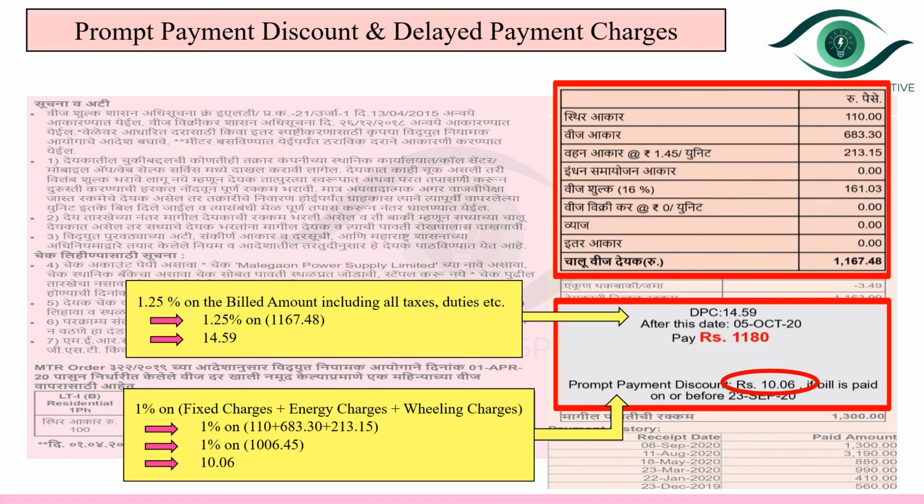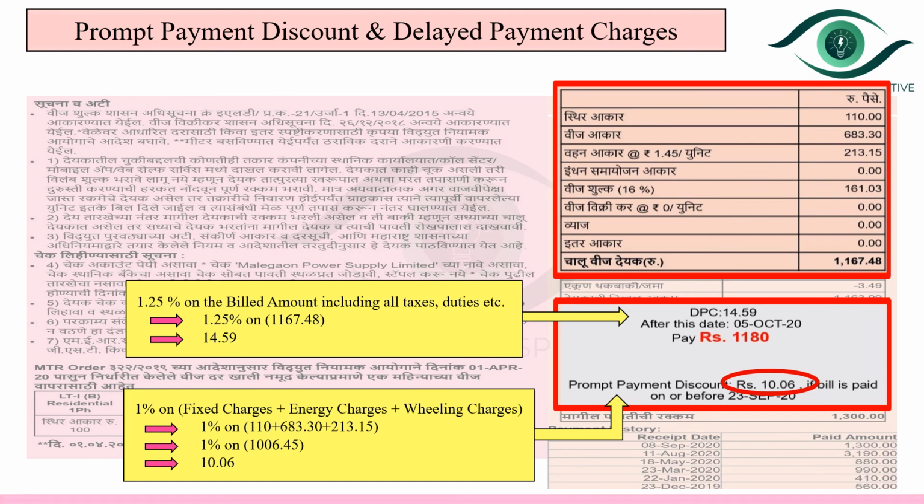Then the next one is the delayed payment charges. In case the electricity bill is not paid within the due date mentioned on the bill, you have to pay delayed payment charges, and it is 1.25% on the billed amount including taxes and duties, etc. So what is your billed amount?